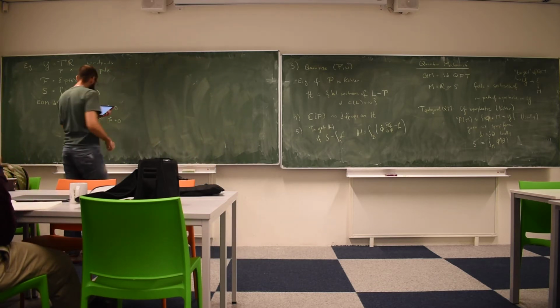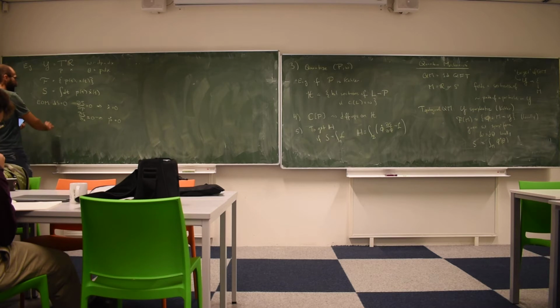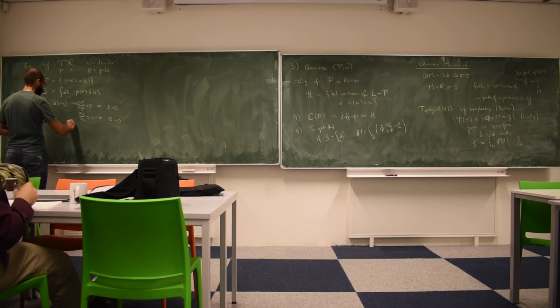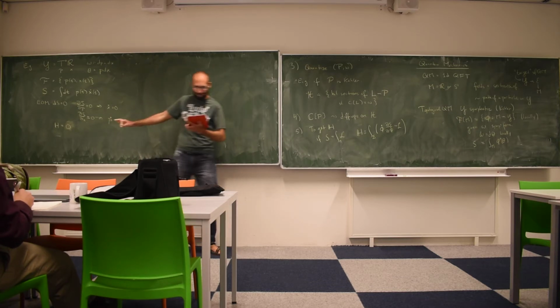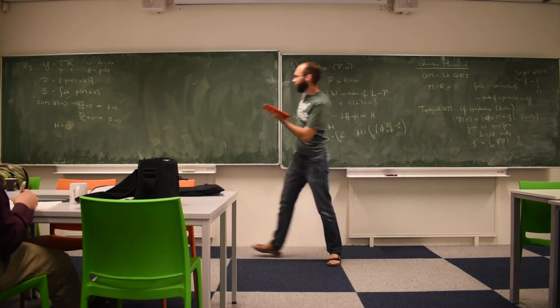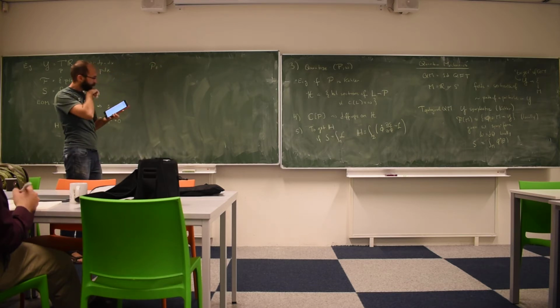So you can also check that the classical Hamiltonian is 0. You can check that it vanishes, which is consistent with the fact that nothing is moving. To find the Hilbert space, we'll first compute the phase space at a time t.